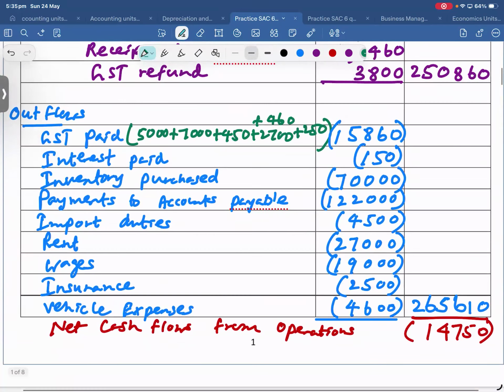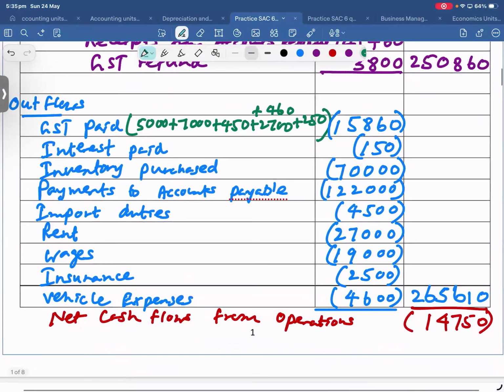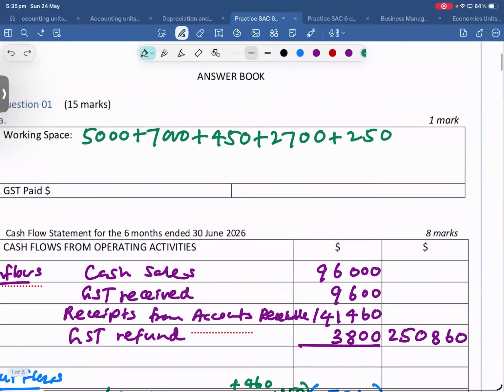Right. Next one, guys. Vehicle expenses, 4,600. Is there GST? Vehicle expenses. What is it? Investing. Vehicles. Operating. Yes. Vehicle expenses operating, 4,600. And also 10% of GST, 460.